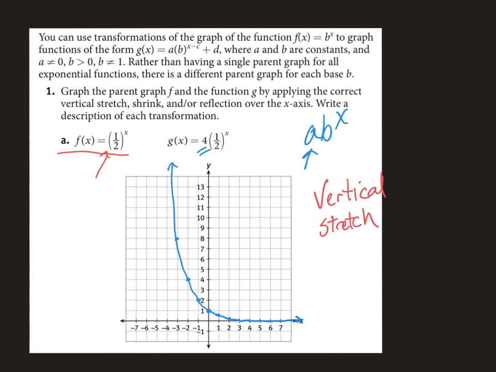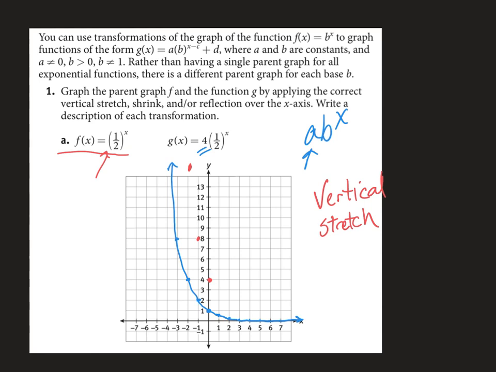And what that means is all of the y values will now be 4 times as much as they were. So this value of 0, 1 will now be 0, 4. This value that was negative 1, 2 will now be negative 1, and then 4 times that will take us to 8. Negative 2, which was 4, times 4 will be 16, which is taking us off our screen here.